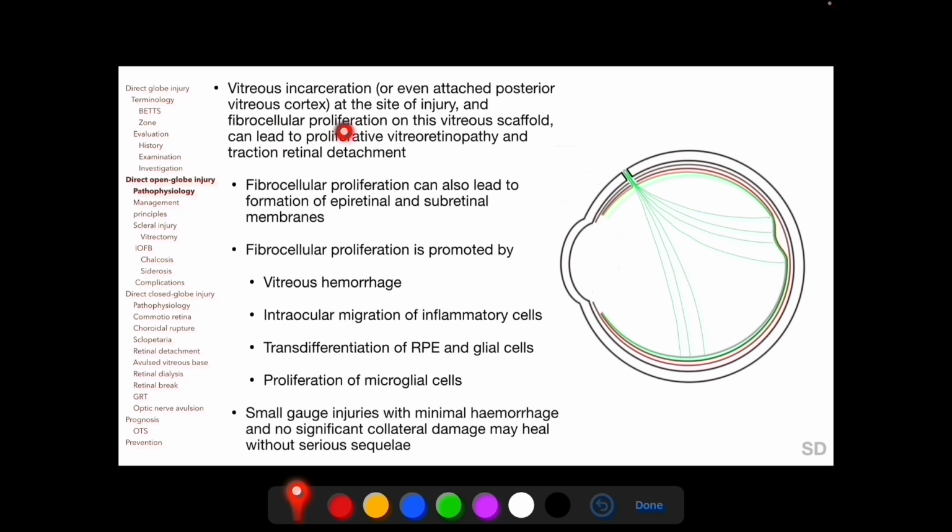And this fibrocellular proliferation is promoted by vitreous hemorrhage, intraocular migration of inflammatory cells, transdifferentiation of RPE and glial cells, which we have discussed in the session on proliferative vitreoretinopathy, and proliferation of microglial cells.